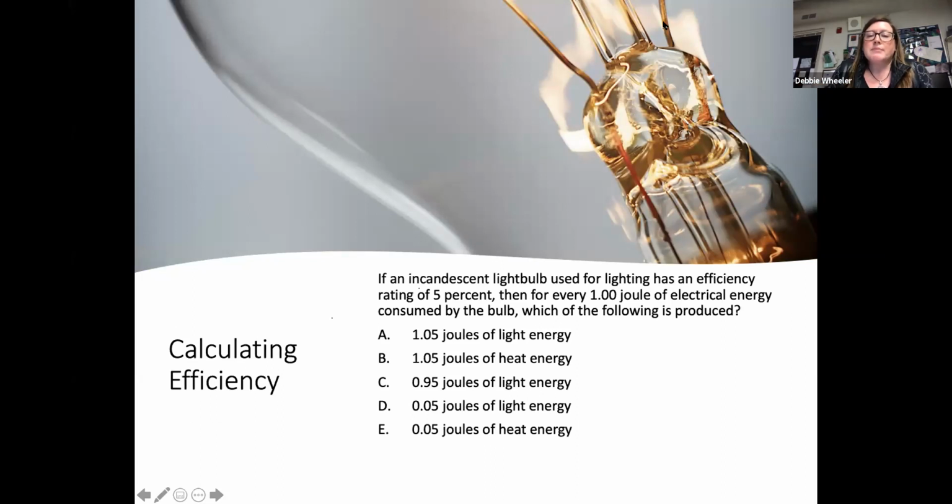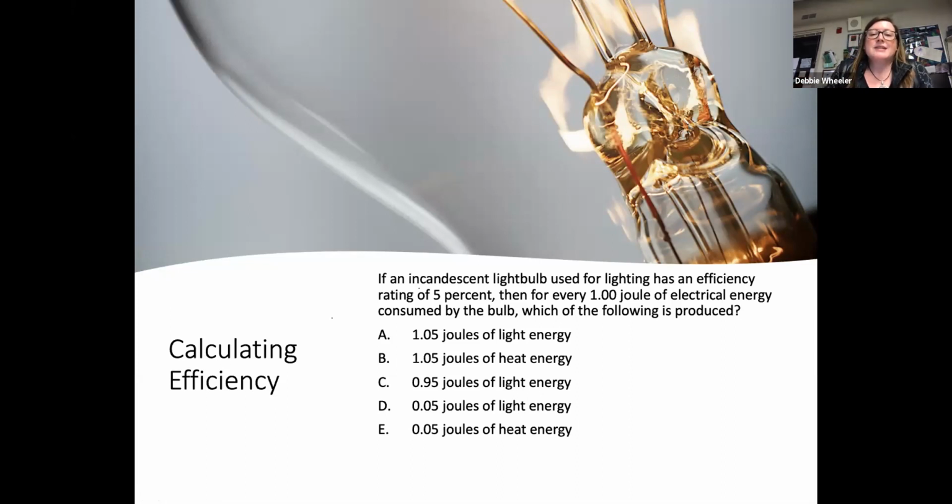If an incandescent light bulb used for lighting has an efficiency rating of 5%, then for every 1 joule of electrical energy consumed by the bulb, which of the following is produced? Efficiency, you're not going to be using a calculator, but this is one you can probably do without a calculator. So if an incandescent bulb is 5% efficient, nice.